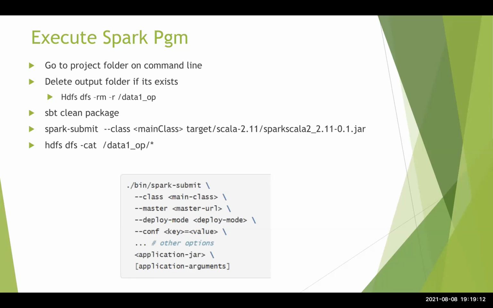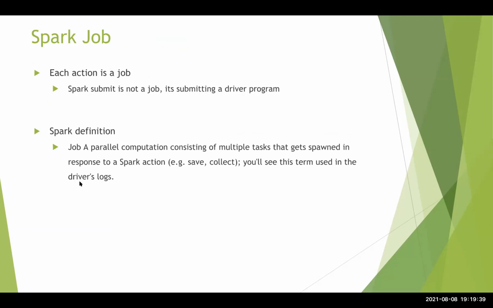Things like this you could give in the configuration, and based upon that, Spark will spin up the executors and tasks inside those executors. And of course, you have to give your application jar. Additionally, if your main method is accepting some command line parameters, then you could give those also here. So this is the Spark submit command. I will take 5 more minutes to cover this, then I will stop and go to the questions.